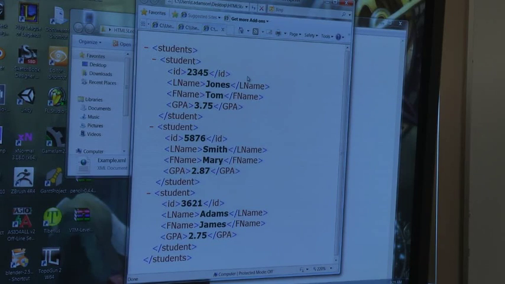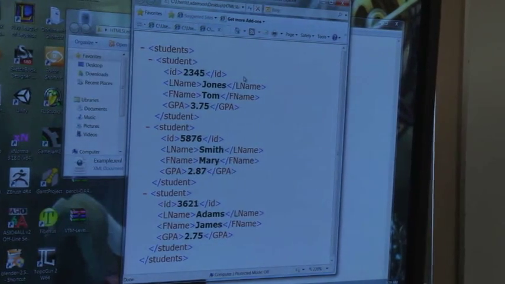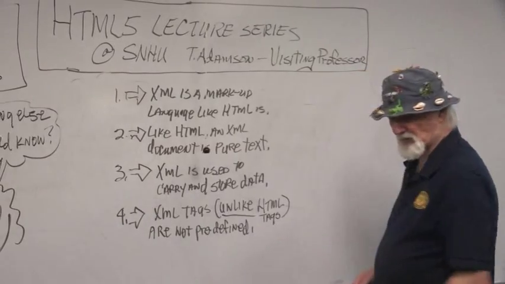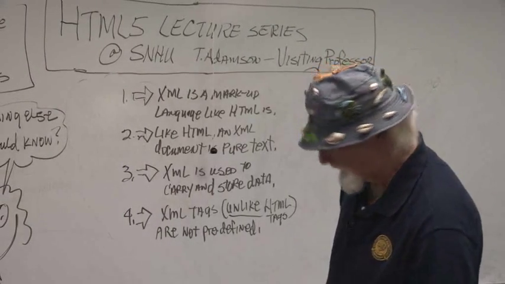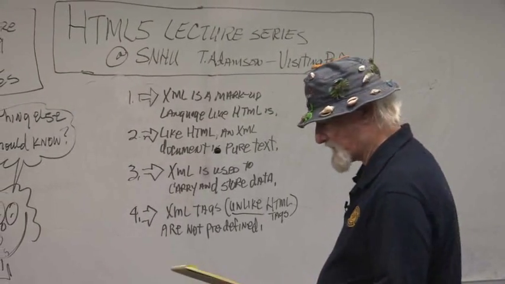So the power of XML is that I can define my own tags. They won't cause anything to happen, but the point is that I can now have them so they're self-describing. They describe the data that they hold.